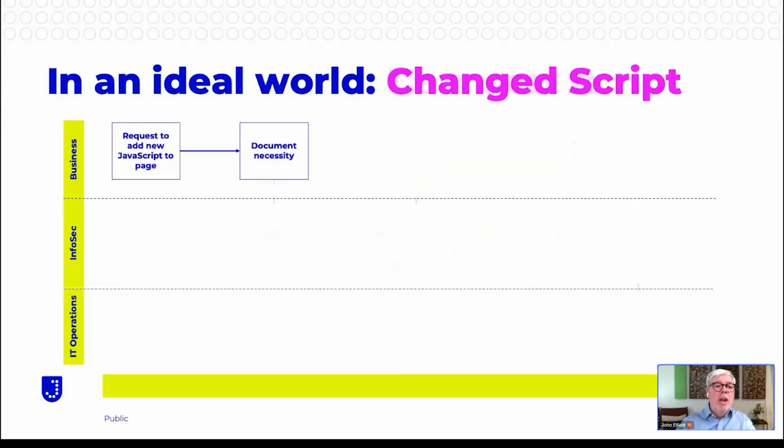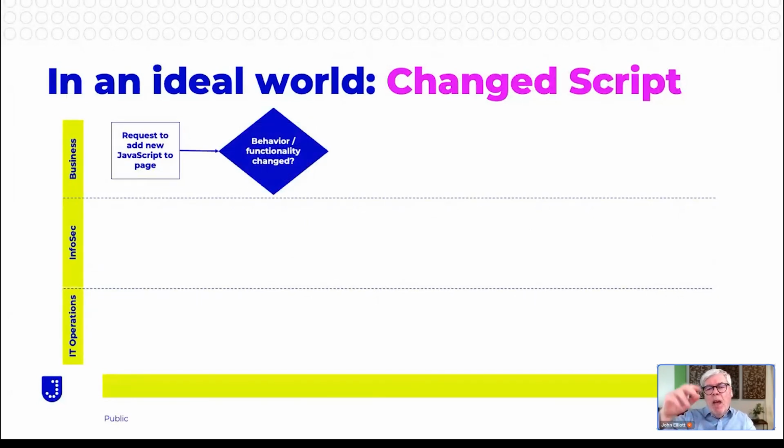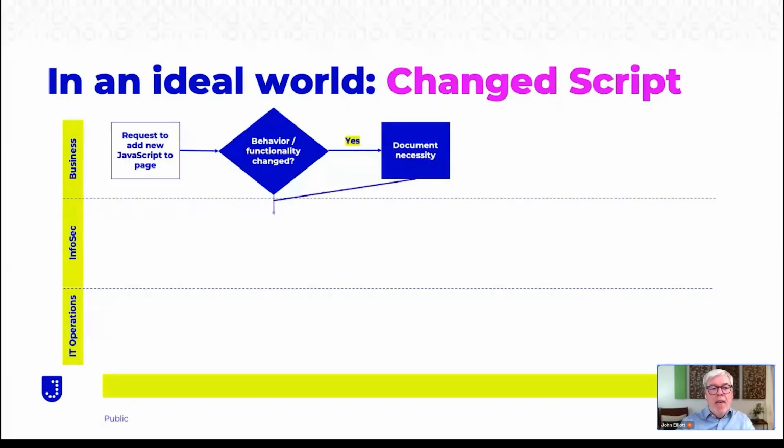And then if the script changes, the person says, I'd like to change some script in that JavaScript. So again, document the necessity. If it's just adding a comment, you probably don't need to redocument the necessity. Otherwise, if the behavior or the functionality has changed, you probably need to document it. I'm sorry, PowerPoint can't do the nice little square arrows properly.